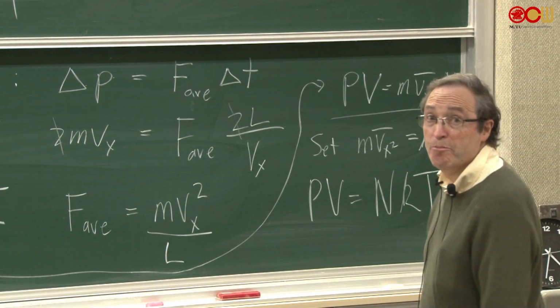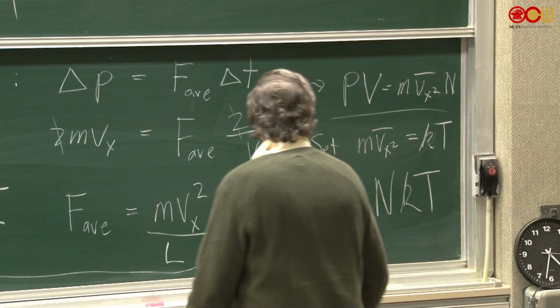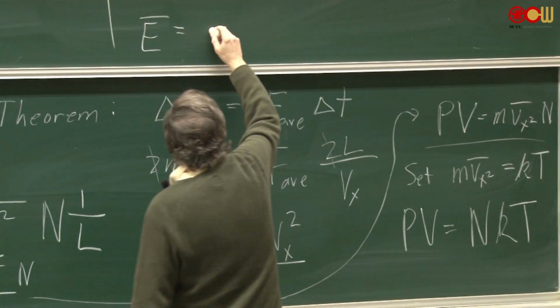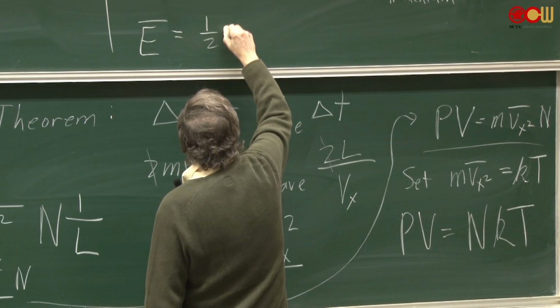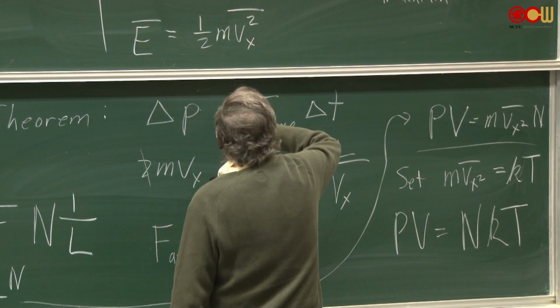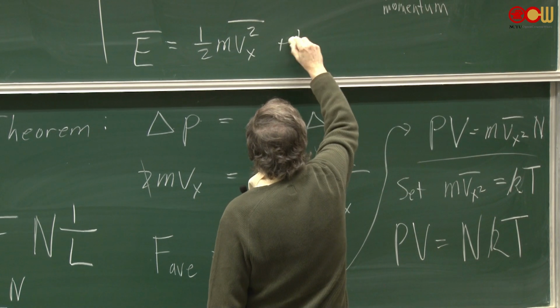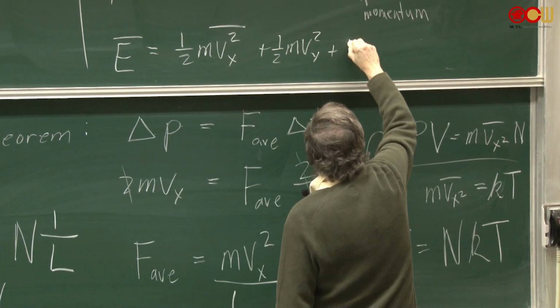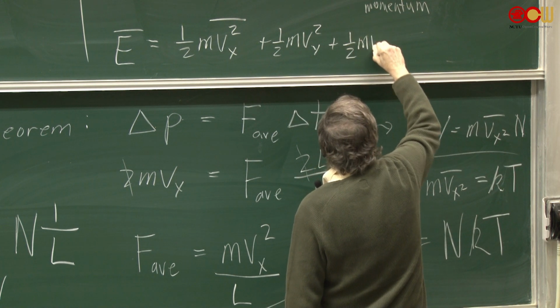We also have one more result, that the average energy is 1/2 m vx squared average, plus the same thing in the y direction, plus the same thing in the z direction.